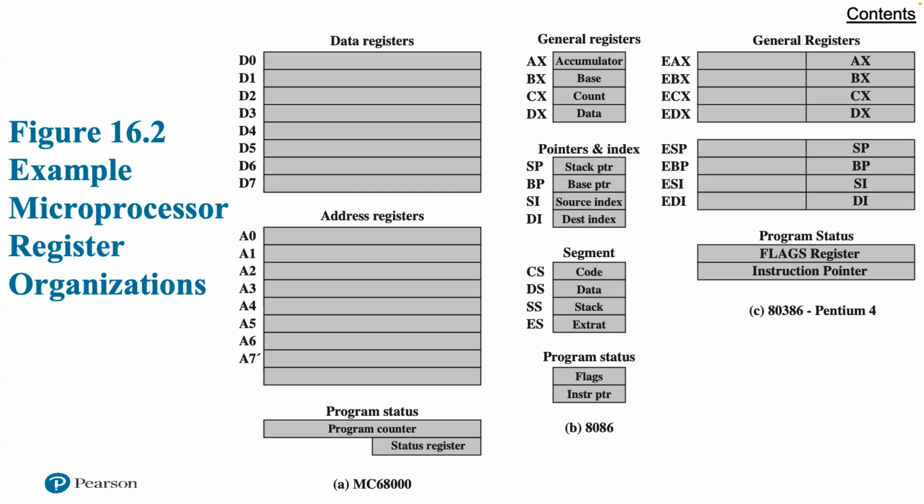This figure shows the user visible register organization for the Intel 8386, which is a 32-bit microprocessor designed as an extension of the 8086. The 8386 uses 32-bit registers. However, to provide upward compatibility for programs written on the earlier machines, the 8386 retains the original register organization embedded in the new organization.